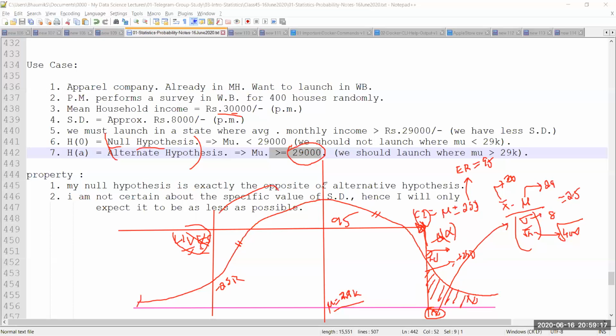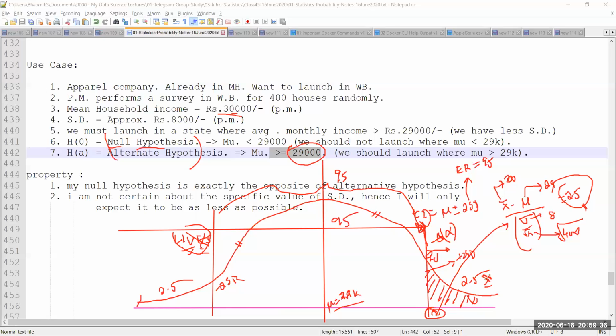Right now, simply put, nothing fancy and nothing much mathematical at all. If this part is 95, this part is 2.5, this part is 2.5. Now I simply look at the value of ZC.